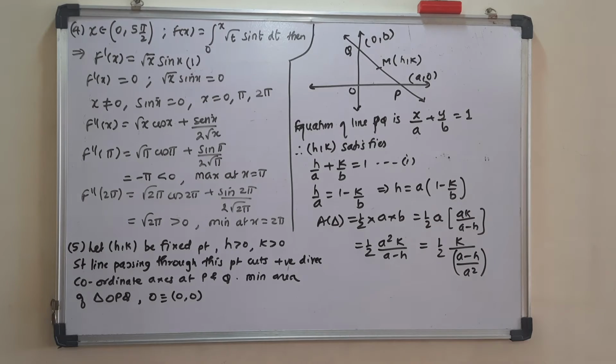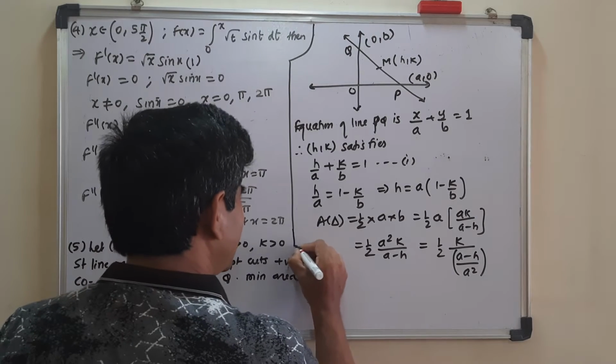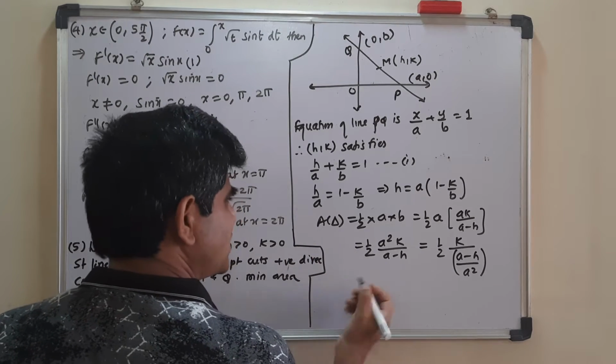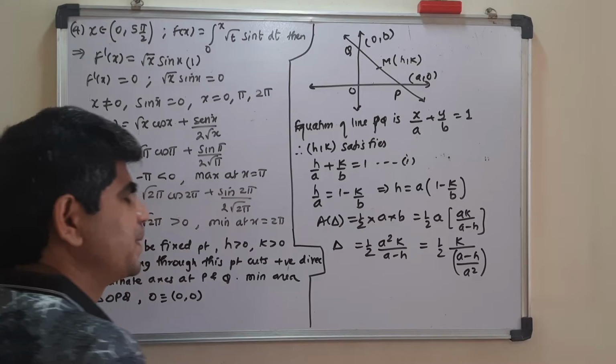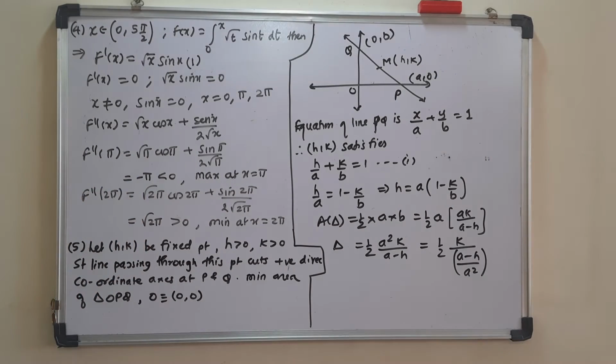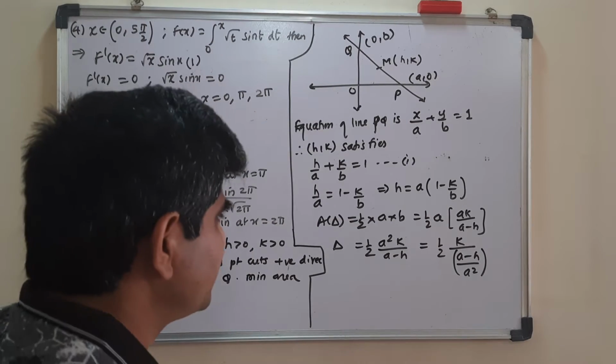Okay, so this is your area of triangle. Let me call this area of triangle delta. I want the area of triangle to be minimum.